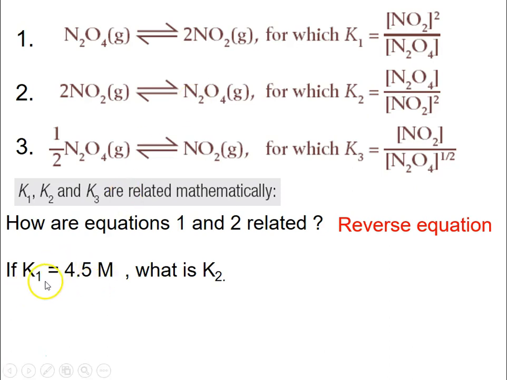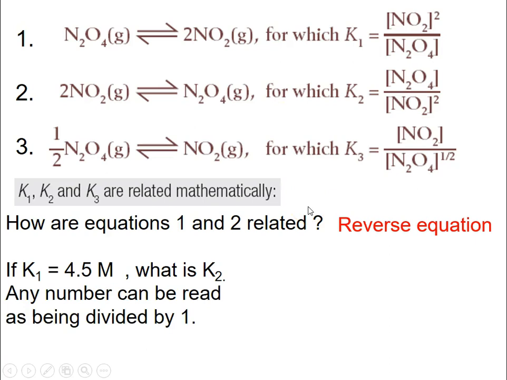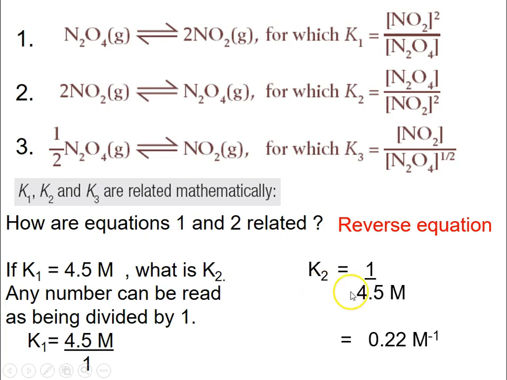So if the first one had a K value of 4.5, you could work out the K value for this reaction. Any number can be read as being divided by 1. So this 4.5 is the same thing as 4.5 on 1. You could treat this as the products, and you could treat this as the reactants. So the new K value, the reactants are now the products, and the products are now the reactants.